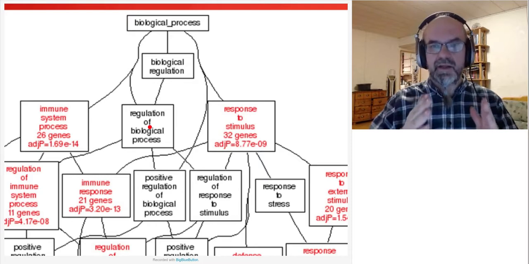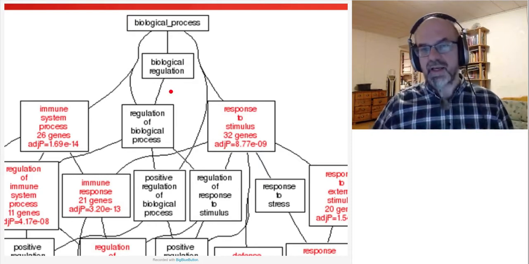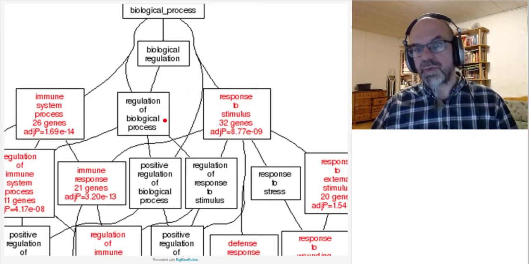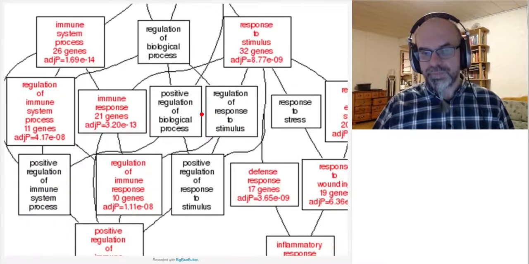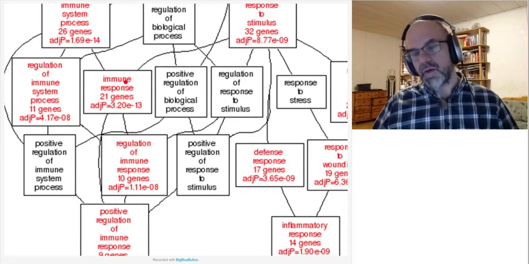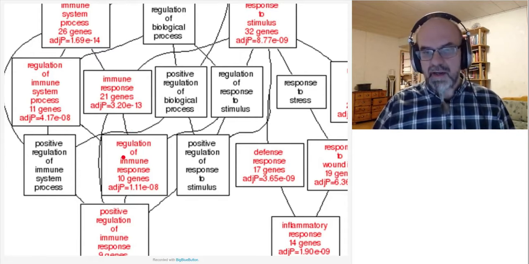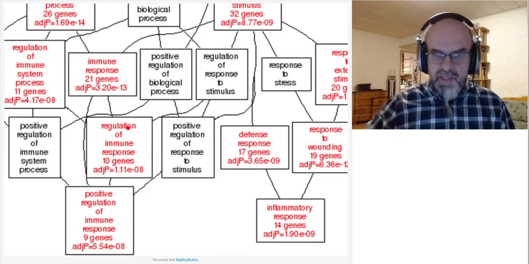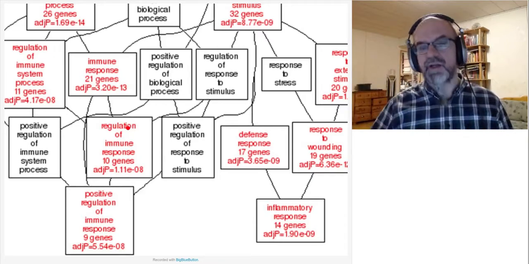They annotate fewer genes. Obviously biological regulation is a very, very wide term, while regulation of biological processes is more narrow. Also, if you have a look at the immune response term, obviously there are some genes, but regulation of immune responses, which is under it, is a more narrow category.